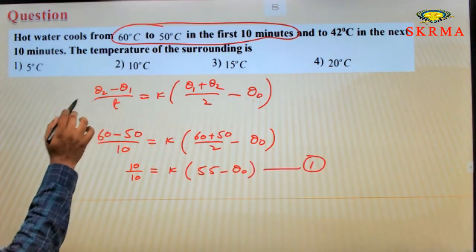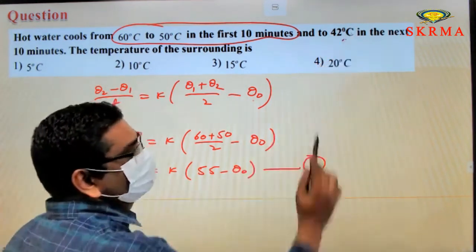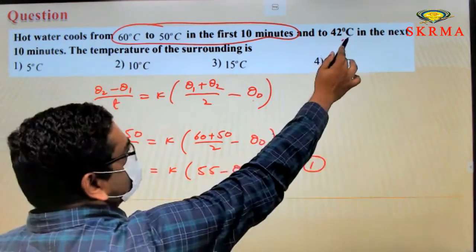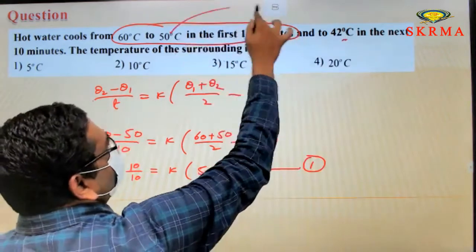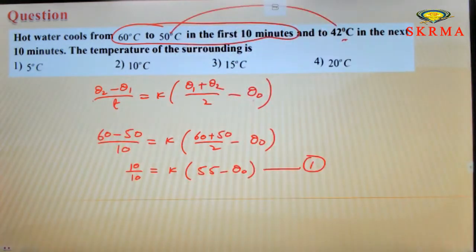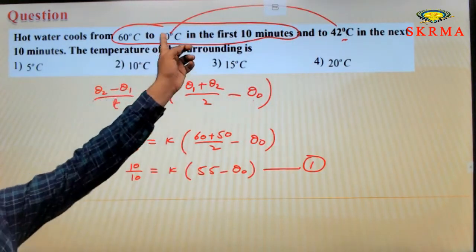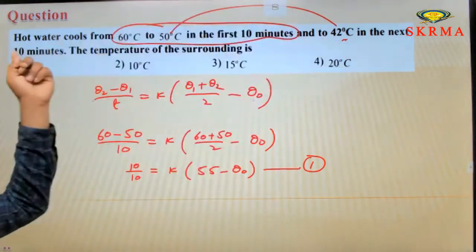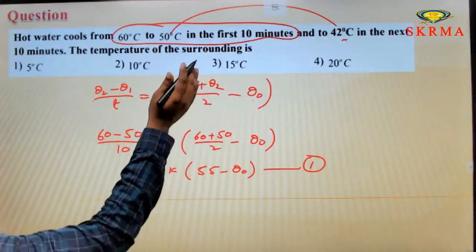Now apply the same condition for the next case. Here it reaches 42 degrees from 50. Temperature decreases from 50 to 42 degrees in the next 10 minutes. Write down the equation for that.